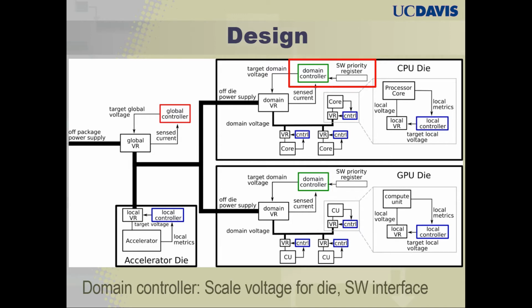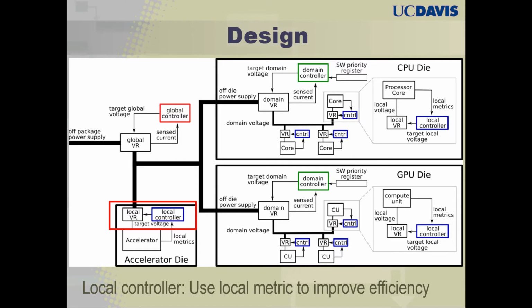And then we also put a software interface register here in order to indicate priority. Maybe if I know that the CPU is the key part of what I'm doing, I can give it more priority and derate the others. Then there's the local controller. This is where you can use the local metrics right by that component to maximize its efficiency.